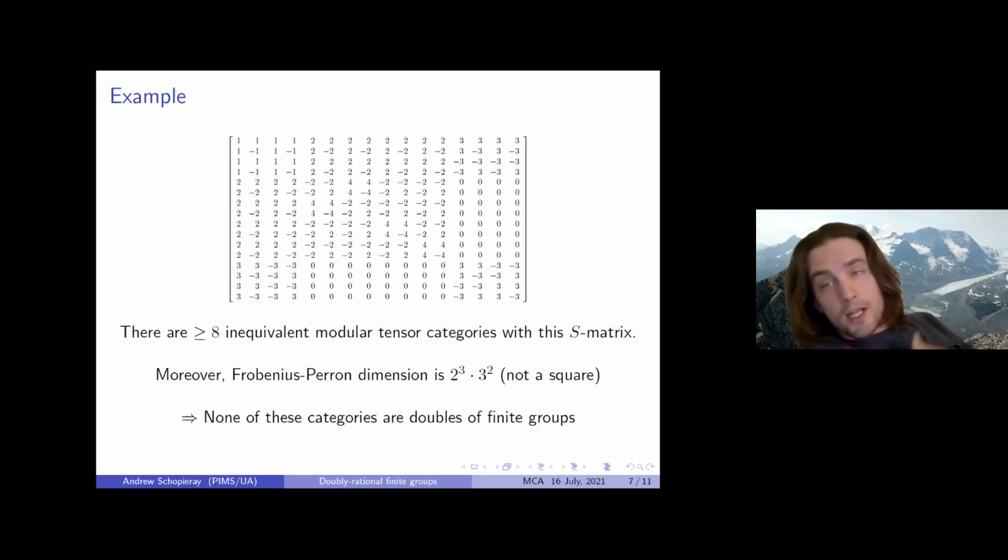And so none of these 8 categories that correspond to this S matrix are doubles of finite groups. Even if we did look at S matrices whose Frobenius-Perron dimensions were squares, we would still have this many-to-one correspondence, but we can even fill in the gaps in between. So it really is a much larger world of modular tensor categories with integer S matrices.